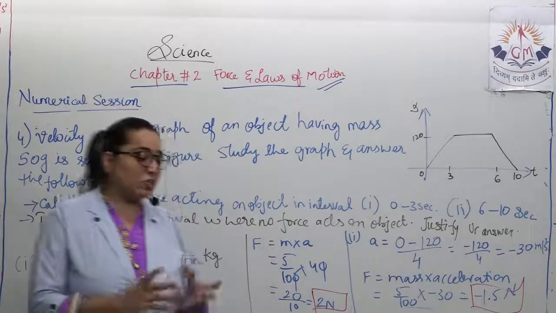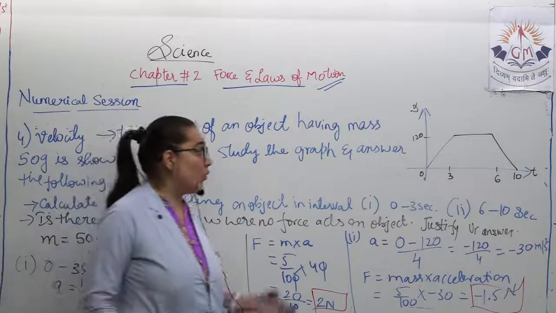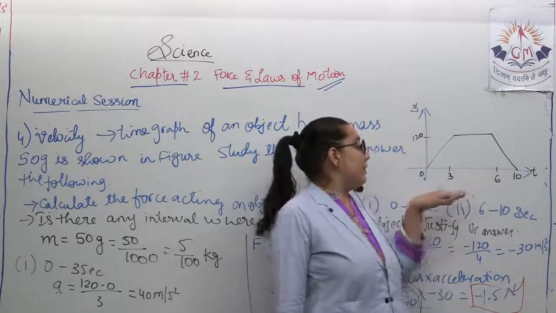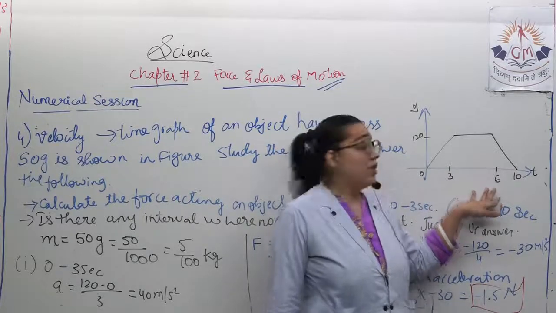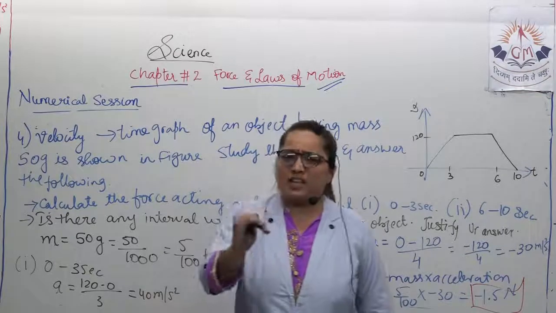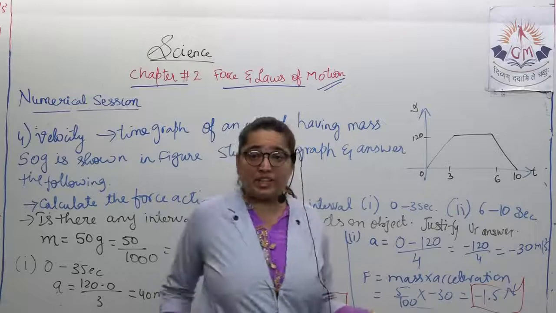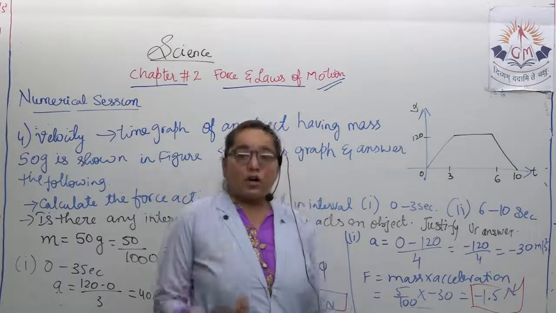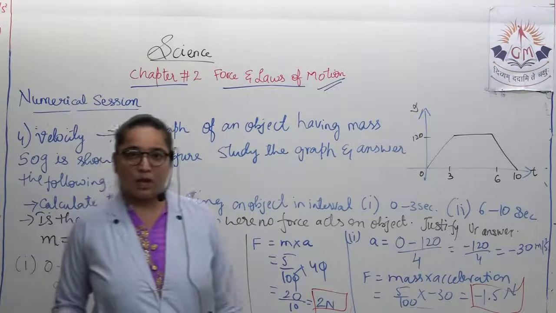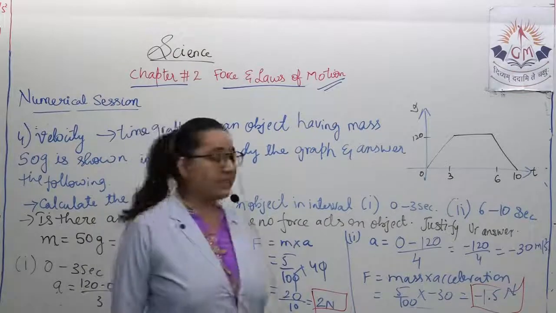So when the object is moving with uniform velocity, the acceleration is 0, and that is this interval from 3 to 6. In this interval from 3 to 6, the object is moving with uniform velocity, constantly with the same velocity. Velocity is the same, so acceleration will be 0. Because the acceleration is 0, the force will be 0. Got the concept?